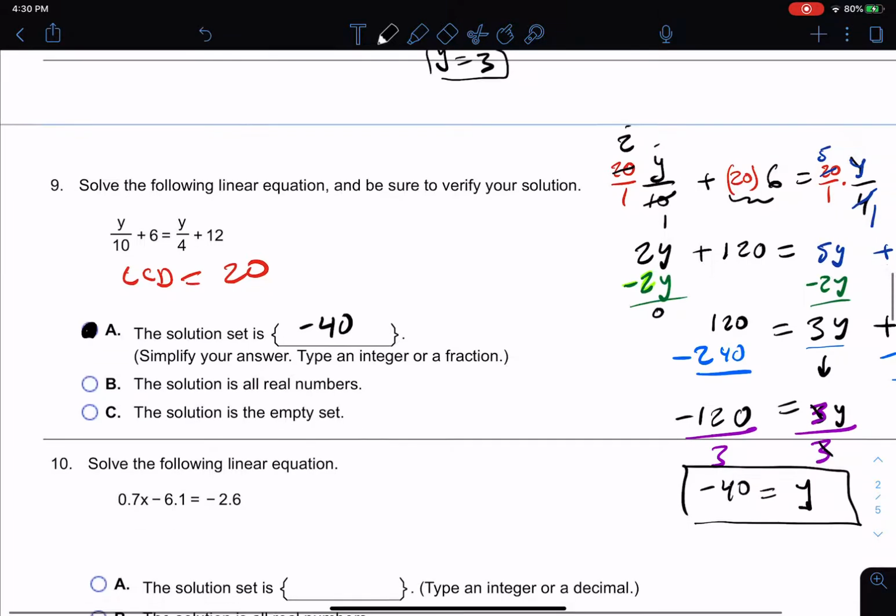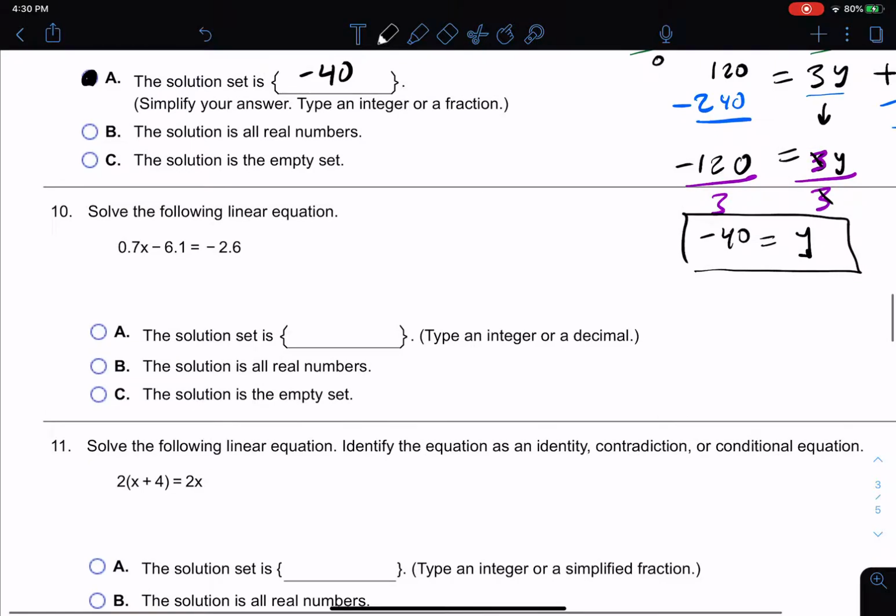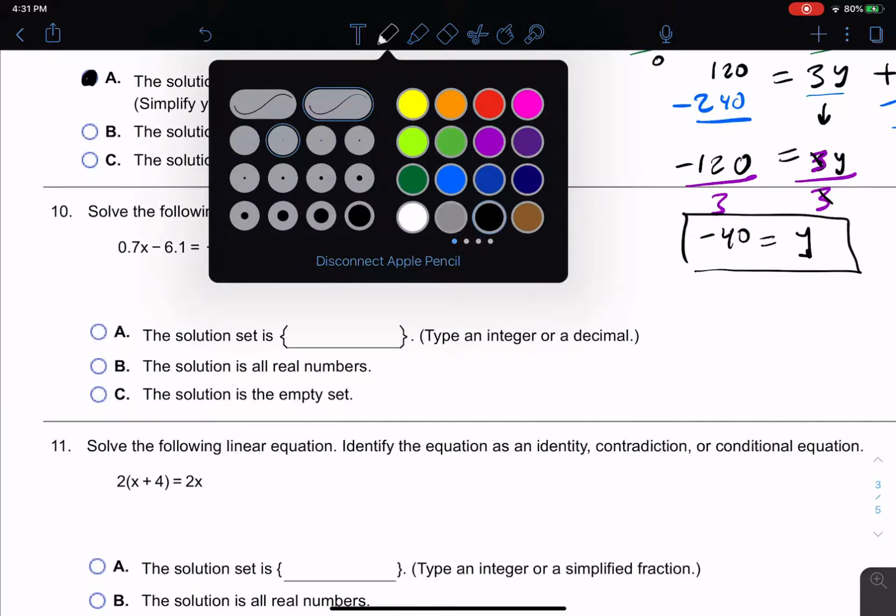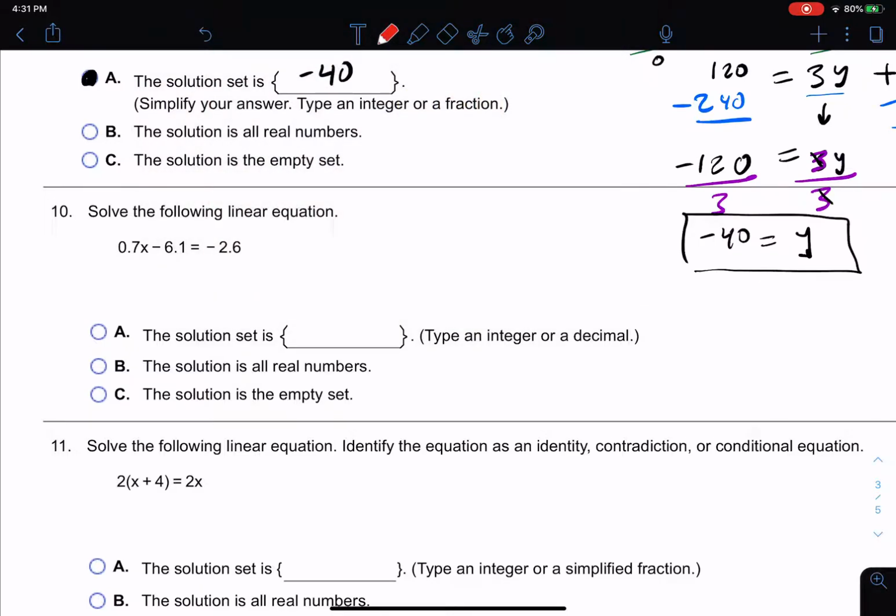Okay, we're getting there. Decimals. We let you use a calculator in this class, so decimals are no big deal really. But what some people will do with decimals, if they notice it's just one decimal place, is turn each one of these numbers into a whole number.